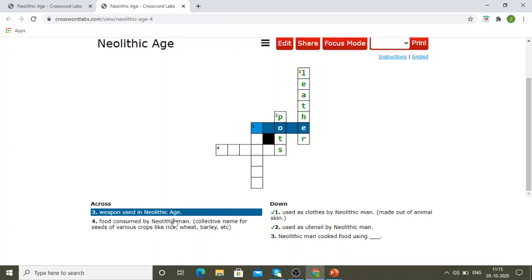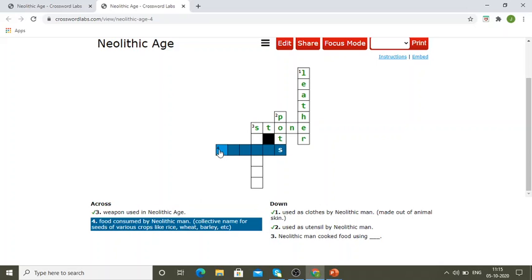Third one is weapon used in Neolithic age. I'll say stone. And that's the right answer. Fourth, food consumed by Neolithic man, collective name for seeds of various crops like rice, wheat, barley, etc. So it is grains.